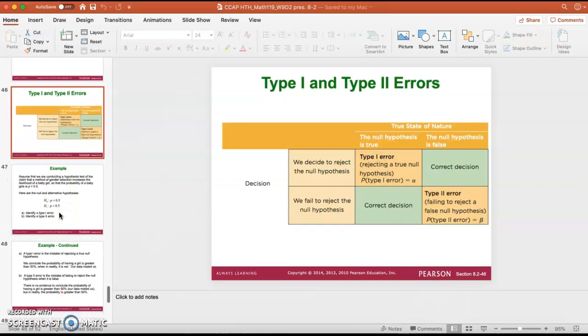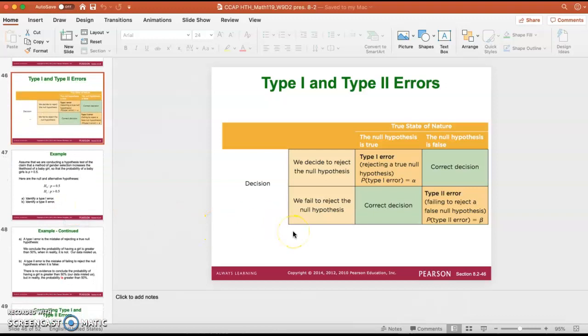This is just a little table outlining those. We could set up this table where, say, this is the true state of nature. So truly the null hypothesis is true, and then we decide to reject the null hypothesis. That's a type 1 error, rejecting the null hypothesis when actually it's true.